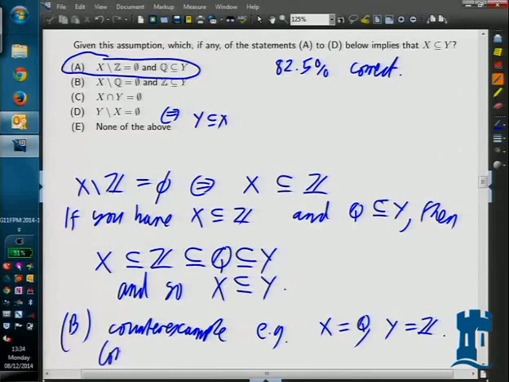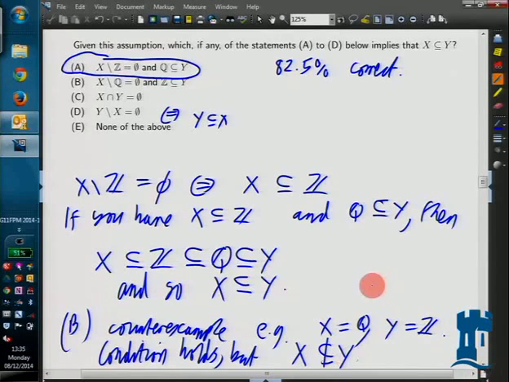So the condition holds, but x is not a subset of y. So it isn't true that if B holds then x has to be a subset of y, because you've got a counterexample. There are plenty of other counterexamples as well. Any questions about this one?